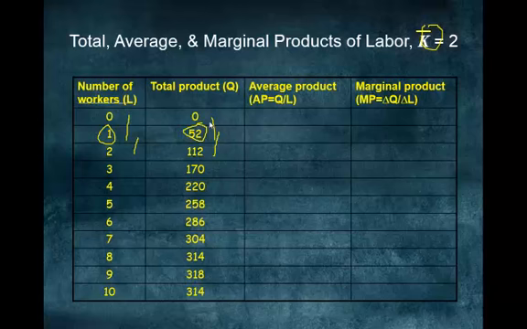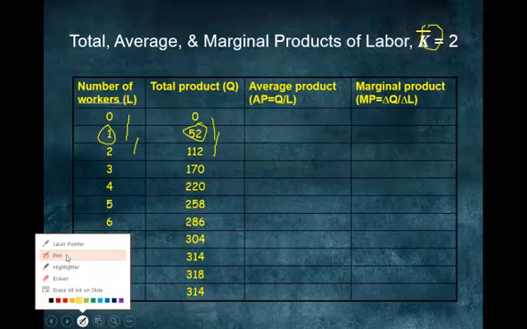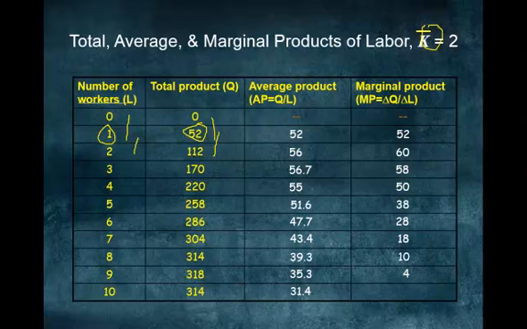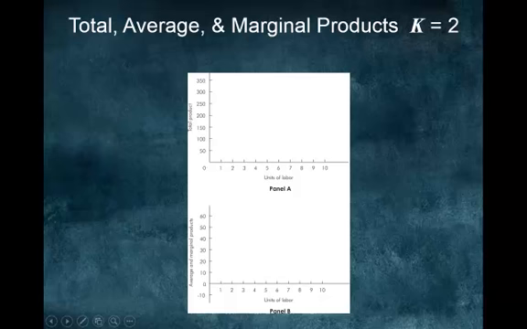In this way, we can find the average products and the marginal products. The calculation is the same as the previous. So 52 minus 0 divided by 1 minus 0 is 52. Then 112 minus 52 divided by 2 minus 1 equals 60.